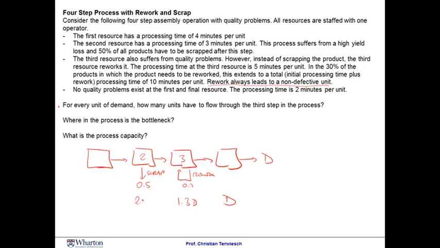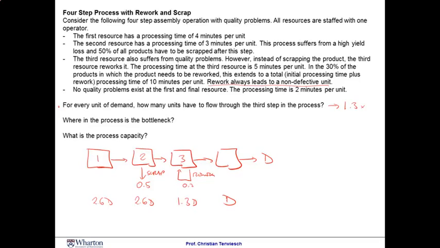That means you have to go through 2.6 times D units at station 2. And though there is no yield loss at station 1, you need to do 1 unit at station 1 for every unit at station 2. So that's also 2.6 D. But to answer the question, for the third step, it's 1.3 times the amount of demand.